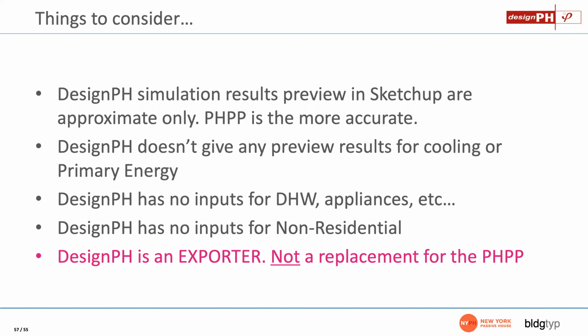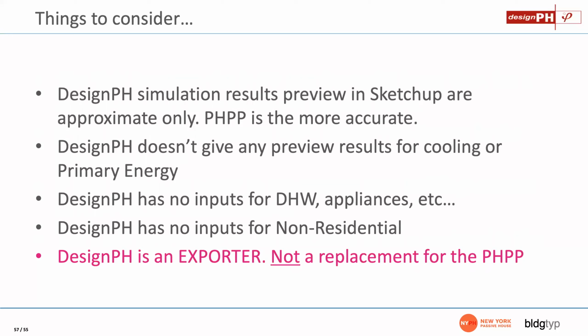Note here also those simulation preview results. We saw very briefly that when we analyzed our model in DesignPH, we got some results. We saw some heating demand; that's all we saw was heating demand. Those simulations are great, they're useful. They are previews only. They're not as accurate as the PHPP.